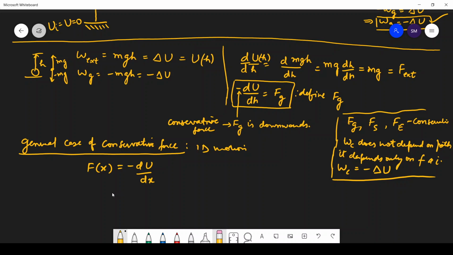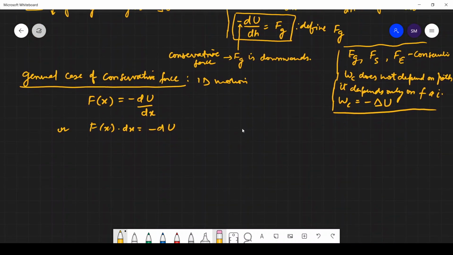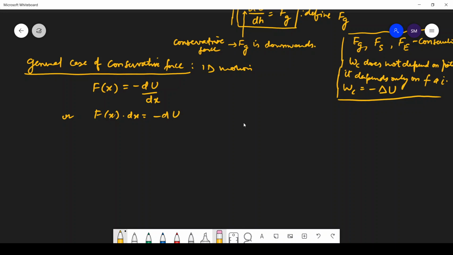Now, I can rewrite this. It's the same differential form. I can rewrite this as this. There is no issue with it. This is another way of writing it. And now I will be integrating both sides. Students, the important thing when you are doing integration is what limits you are going to take.